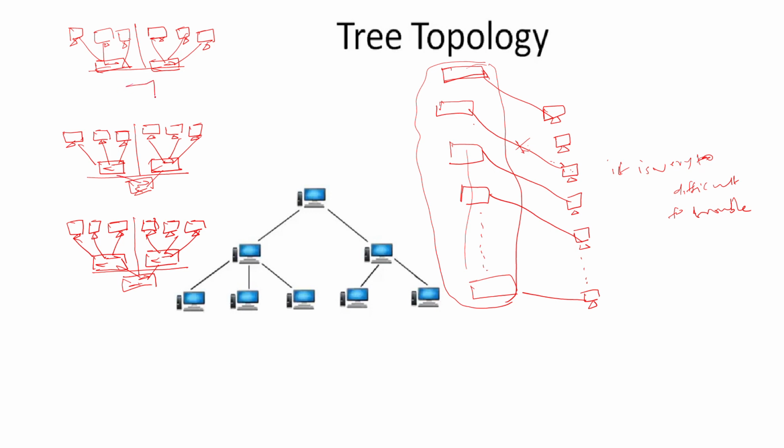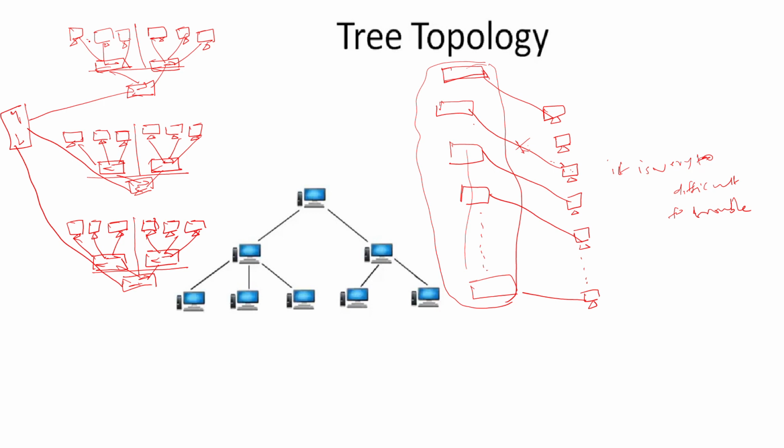We have one more switch here to connect these multiple blocks, and we would have one switch here, and this switch would be connected here, this would be connected here, and this will be connected here. So it forms a tree, right? So troubleshooting is very easy.